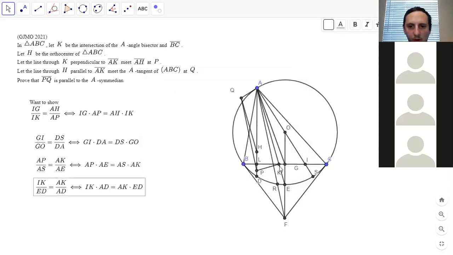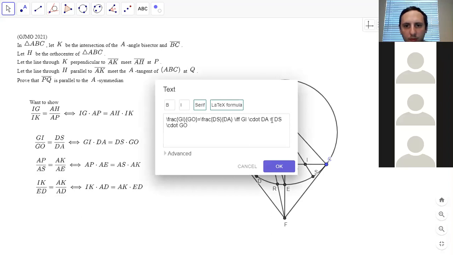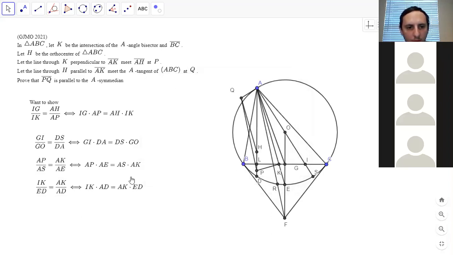So if we multiply the four things, you see it, right? Now we need to prove that IG times AP is equal to AH times IK.